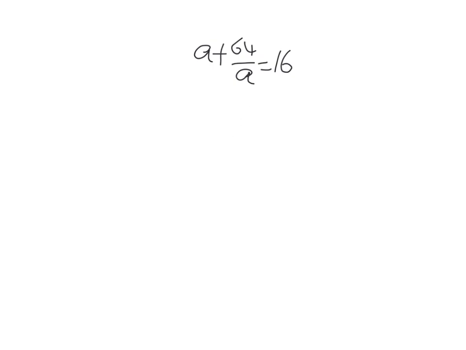So how do you have to approach this equation? You have to know that your A is your lowest common denominator. Then you're going to multiply everything in this equation by A. So you're going to put A in brackets, plus 64 over A. These brackets are for everything.